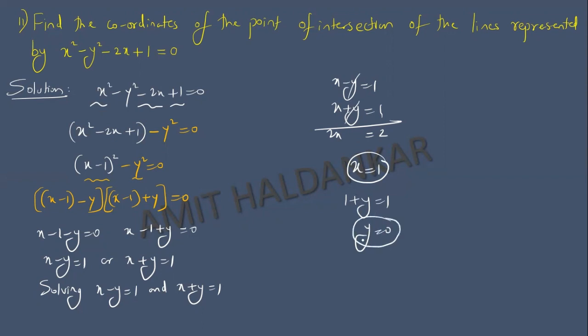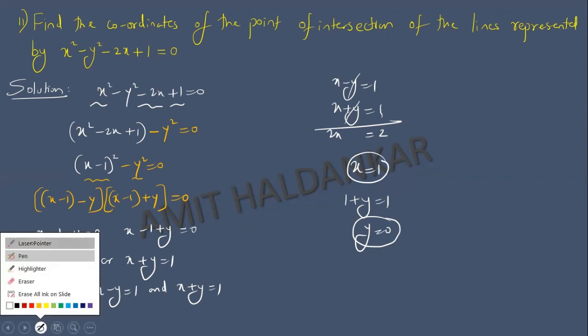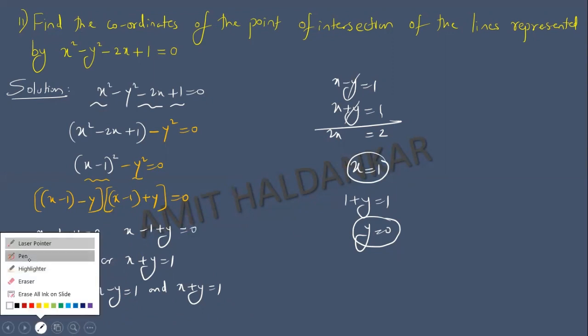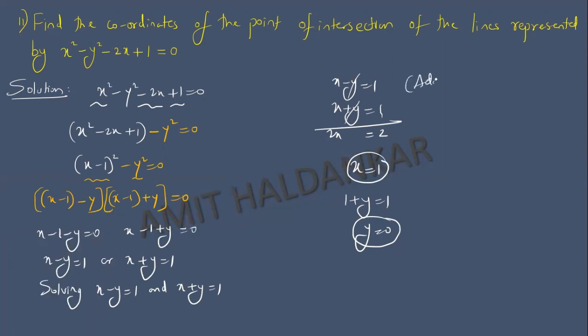So this is the coordinate of the point of intersection, because whenever you get two separate equations, you have to solve them simultaneously. Add or subtract, whichever is preferable, and you get the point of intersection as 1, 0. So this is your answer.